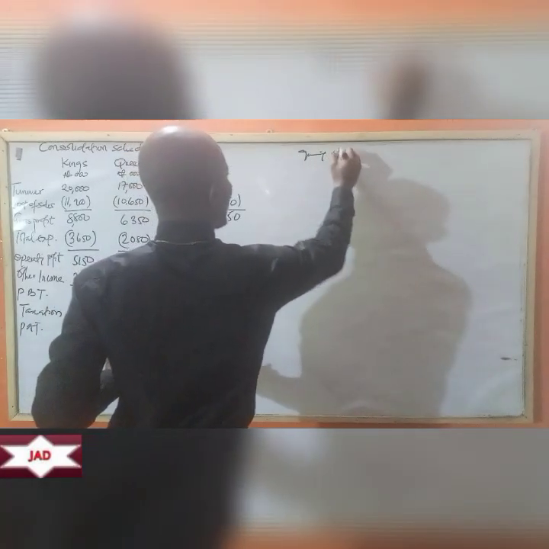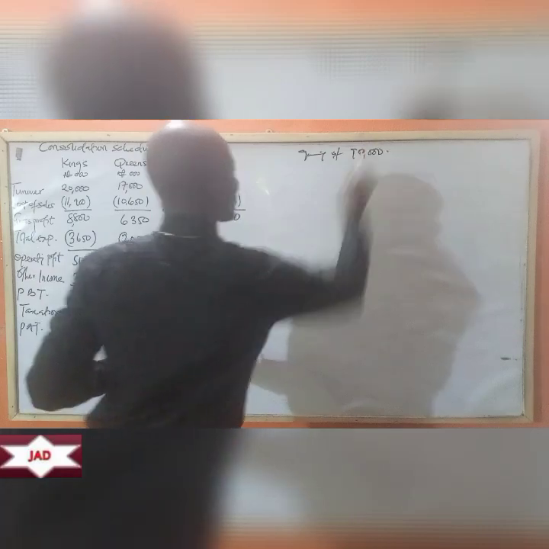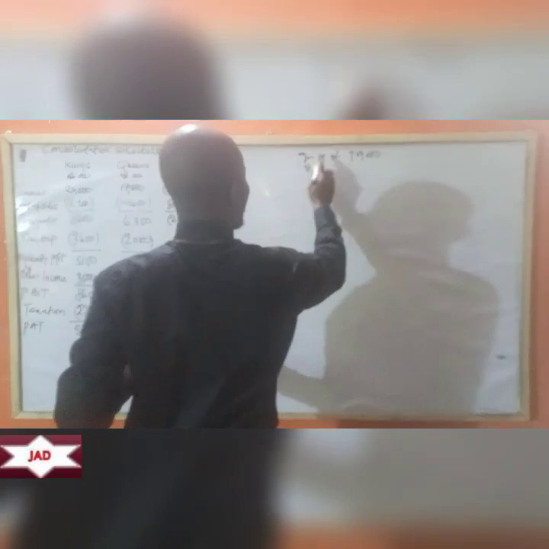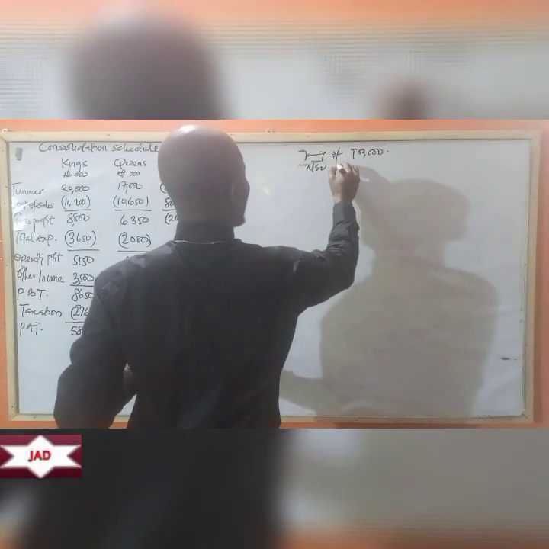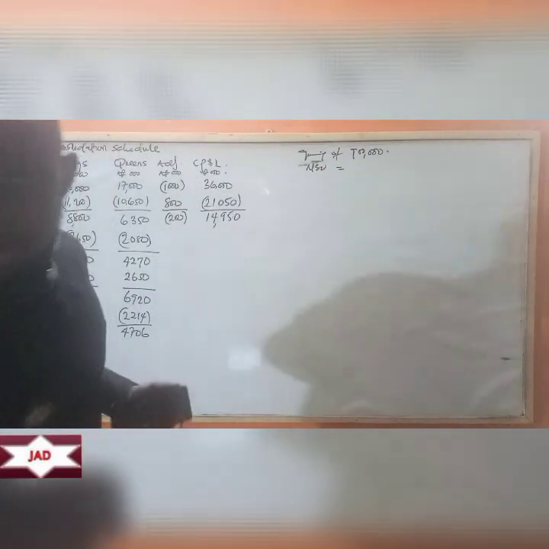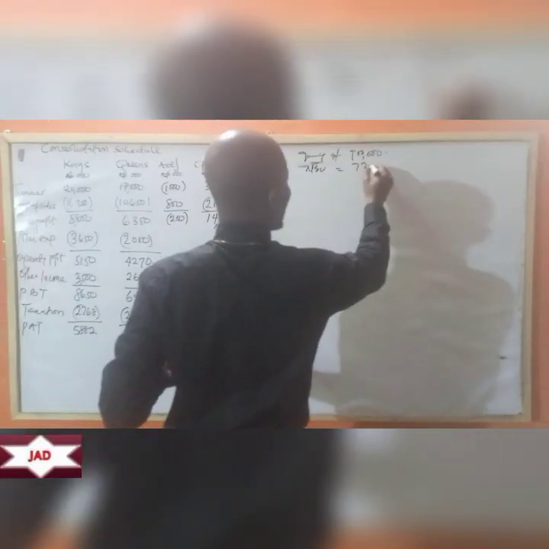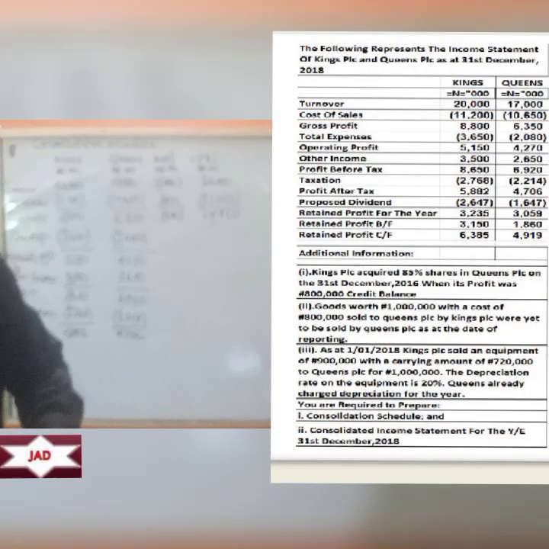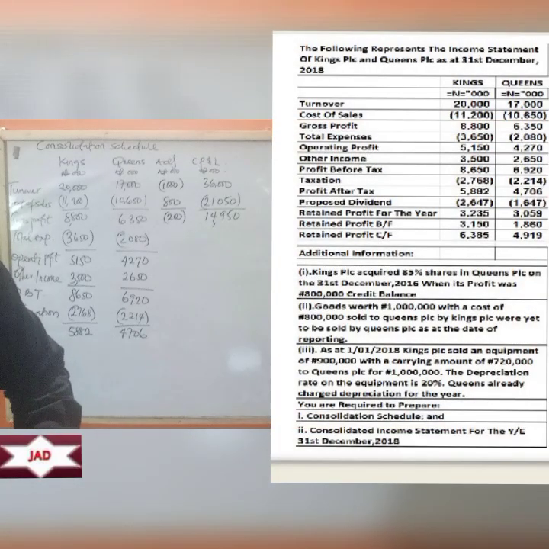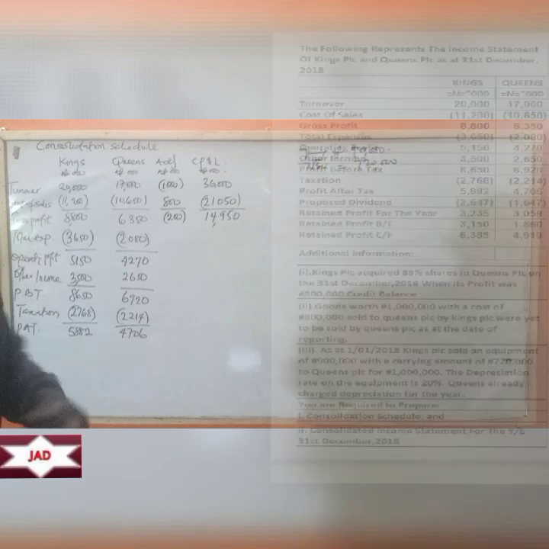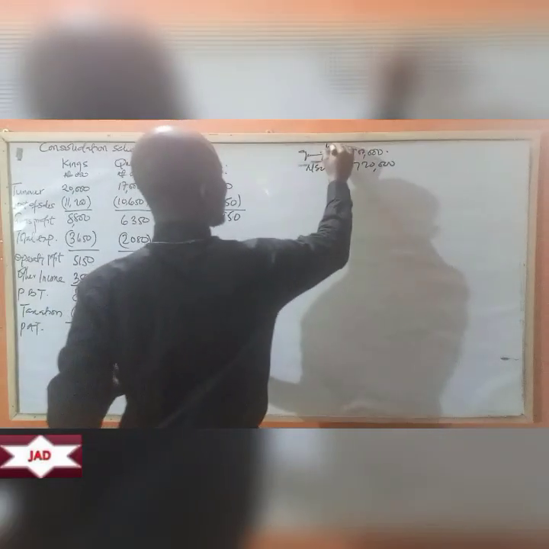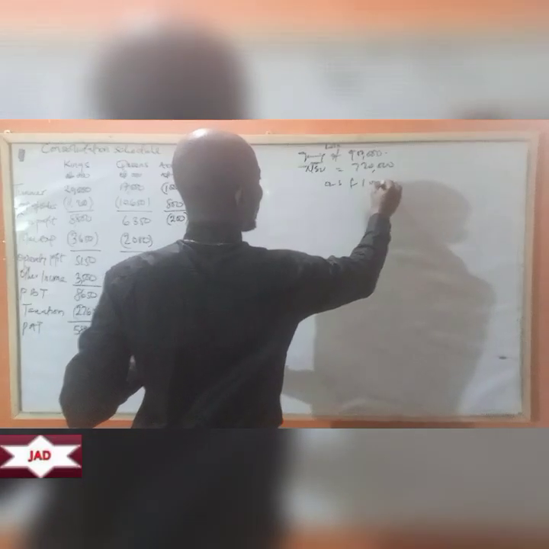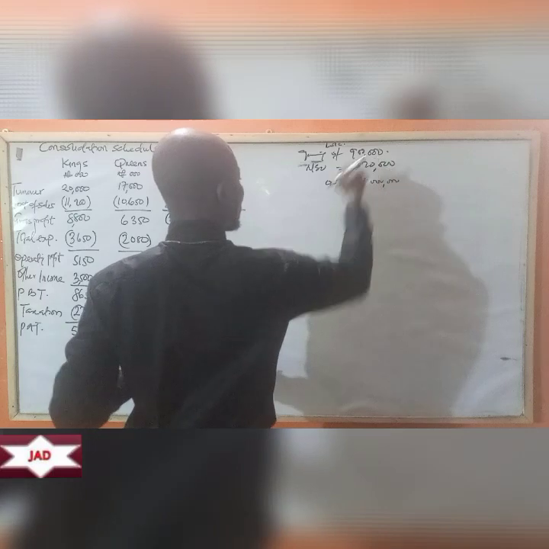Then the carrying amount, which is like the net book value, was 720. Then they say it was sold to Queens for 1 million. So this is the holding company. Now Queens bought it for 1 million. So what's the profit on this?